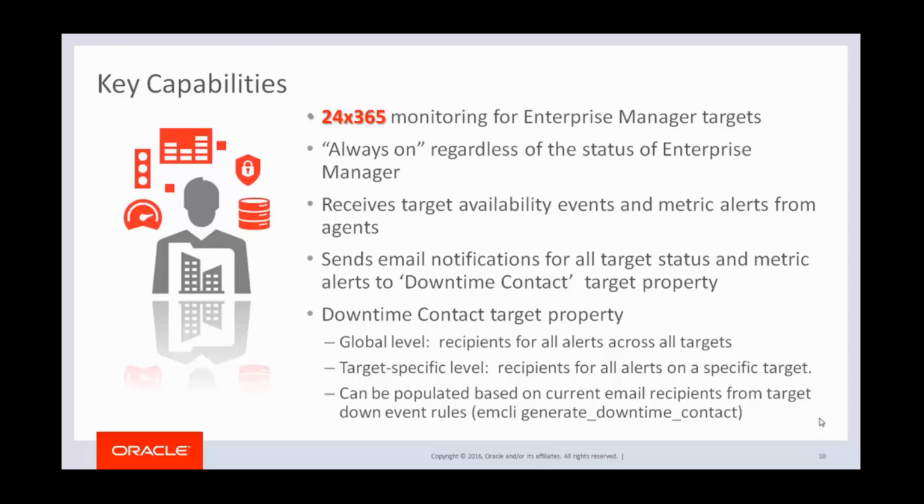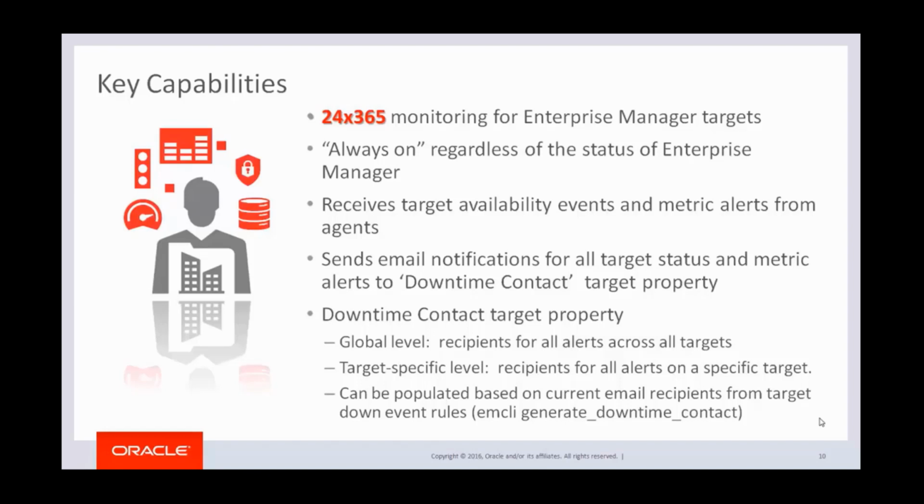So basically, the agent sends this information separately to both OMS and AOM. Then AOM sends email notifications to users who are listed in the downtime contact target property. And this downtime contact is a new target property which is introduced in 13C along with AOM. And this needs to be configured as a part of AOM setup.